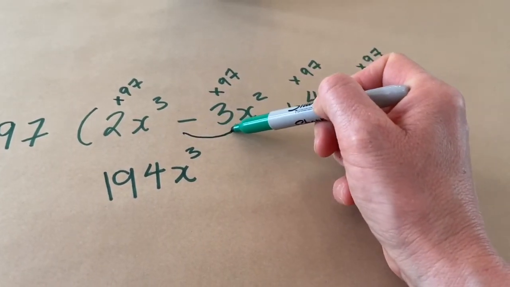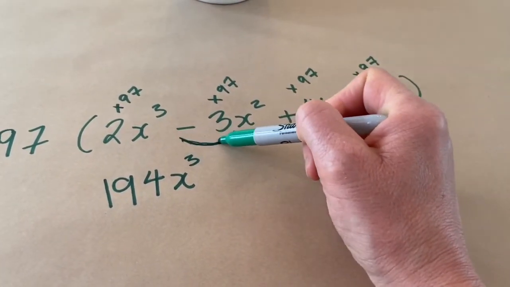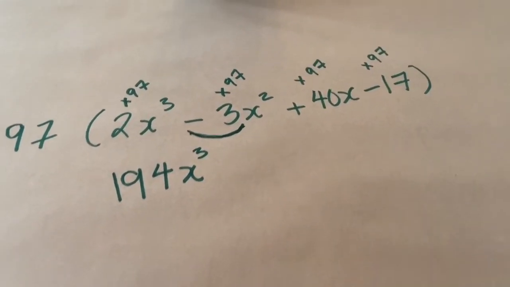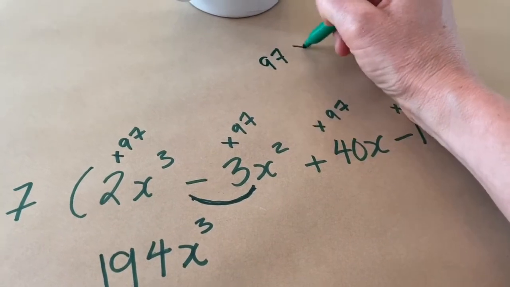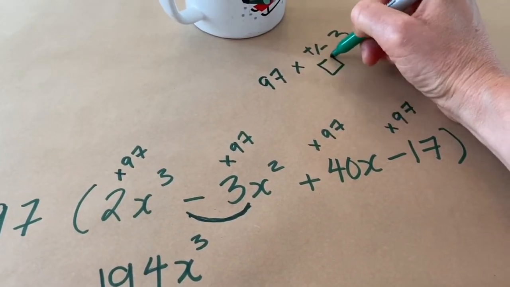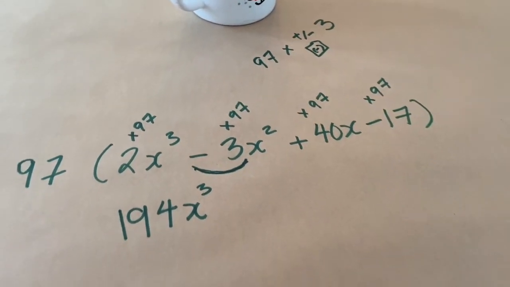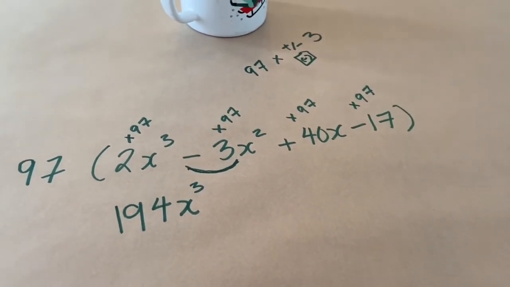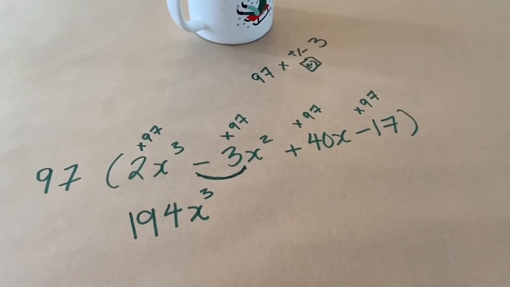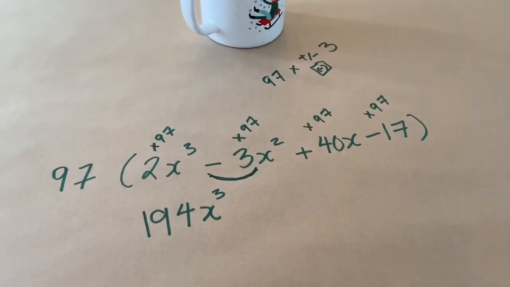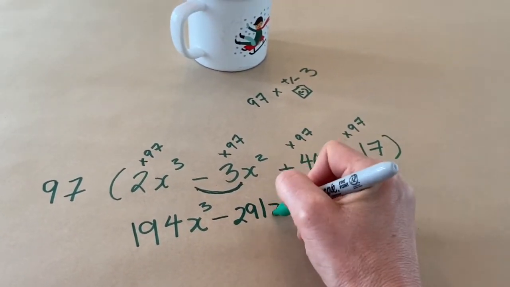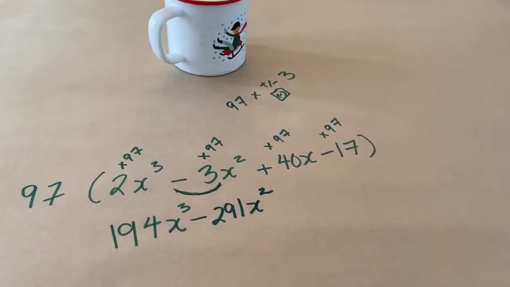Now, we need to do 97 times negative 3. Don't forget, these two things go together. So 97 times negative 3. Get your calculator out. I'm doing mental math right now. 97 times negative 3 is going to give you negative 291x squared.